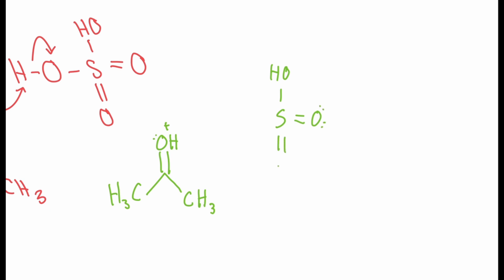Double bonded to O. Too many O's. And bonded to O again. However, this O is different than this O, because this O now has this pair that just came to it. So this has a new set of electron pairs. That makes it negative.